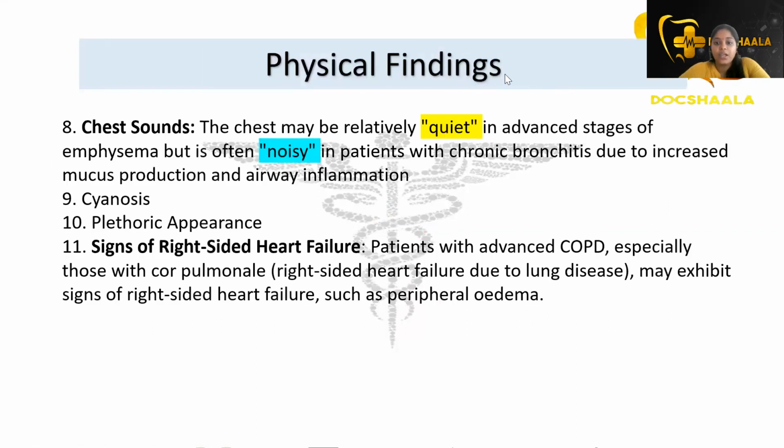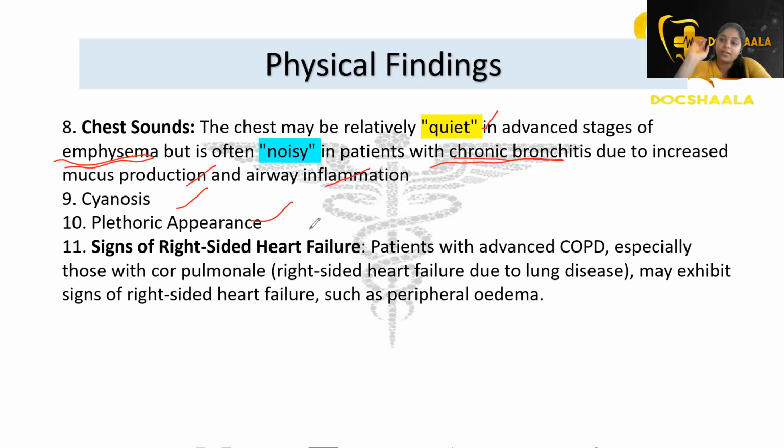Chest sounds may be relatively quiet in advanced stages of COPD and noisy in patients with chronic bronchitis, which is due to excessive mucus production and airway inflammation. Quiet in advanced stages of emphysema. Okay, quiet in emphysema advanced stages, noisy in chronic bronchitis. Okay, then cyanosis, plethoric appearance. Plethoric appearance means the skin appears pink or red, in the extremities or in the face.